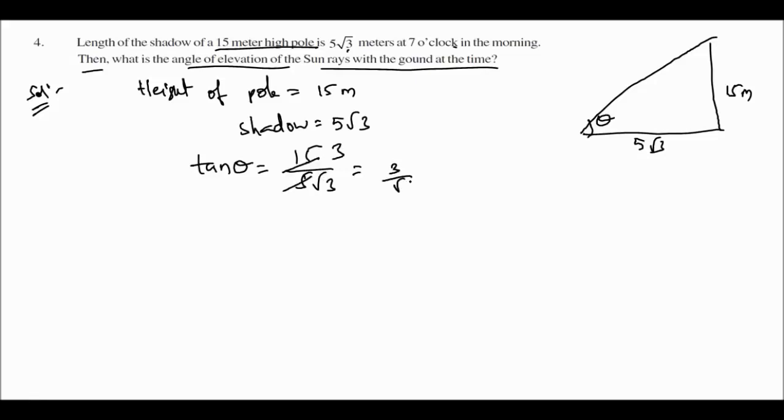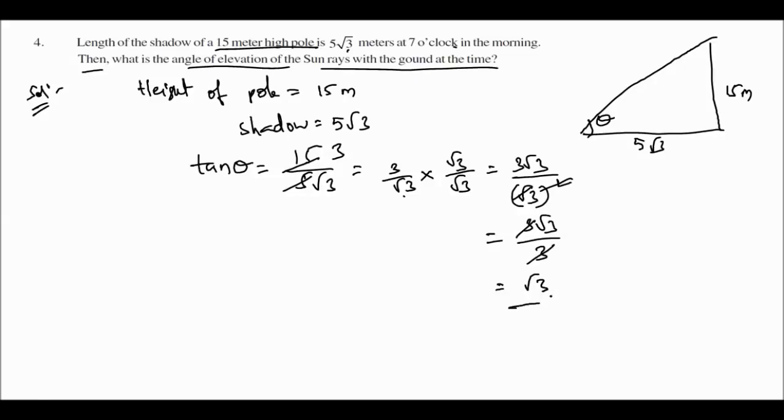So 3 by root 3 into root 3 by root 3. Because in the denominator no irrational number has to be there, that's why I'm multiplying and dividing with this. So it will become 3 root 3 divided by root 3 whole square. 2 roots cancel, and 3 root 3 divided by 3 will remain. 3 ones are 3, they cancel. Root 3 is the answer.